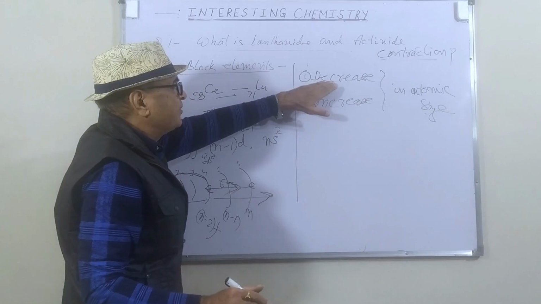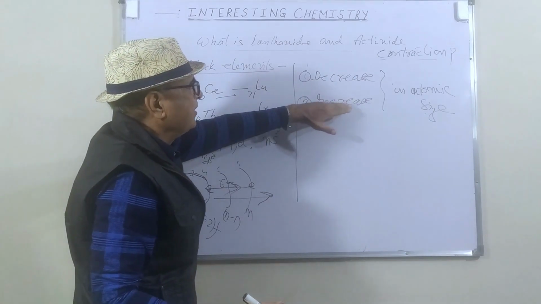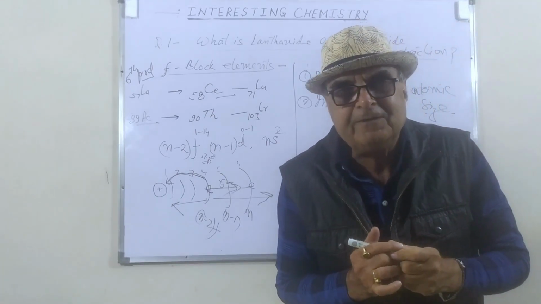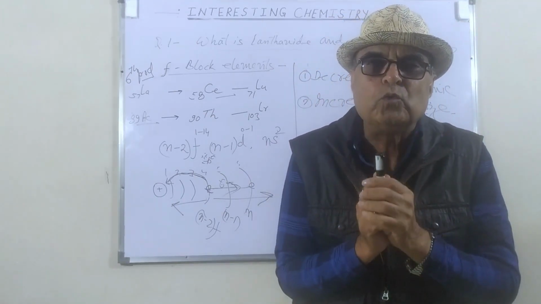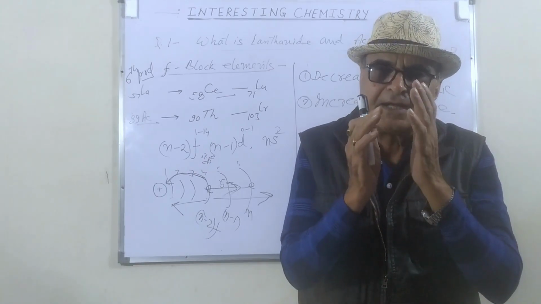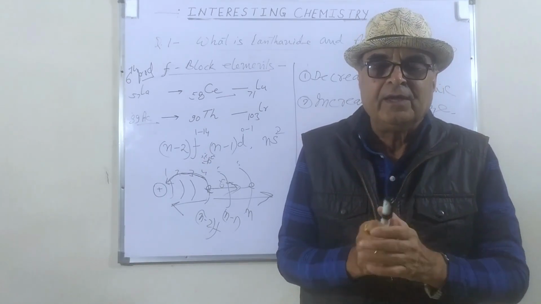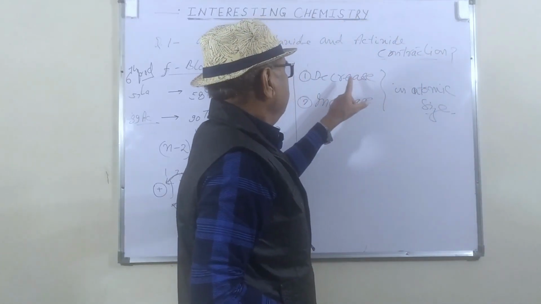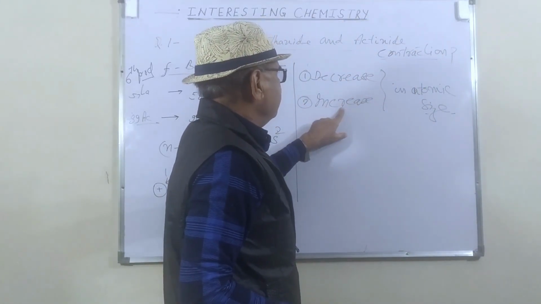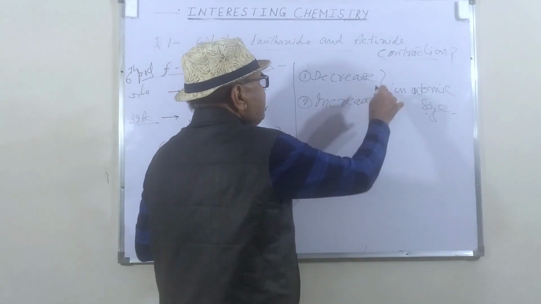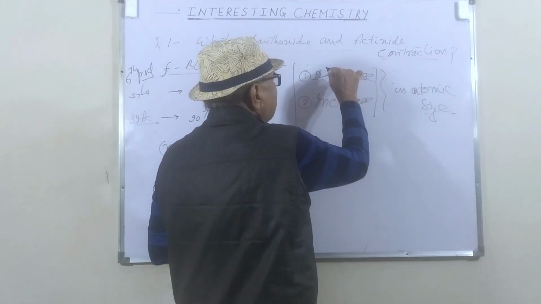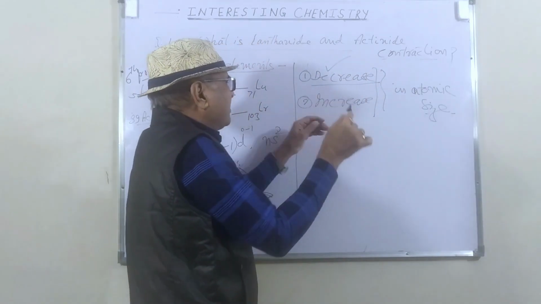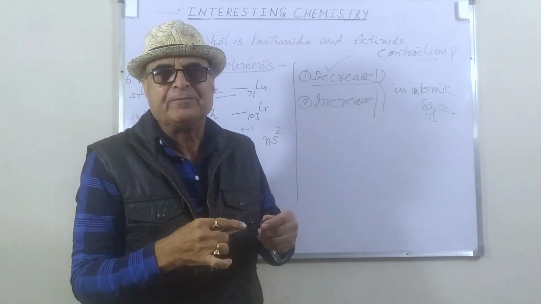So there is a decrease and an increase in the atomic size due to the filling of the (n-2)f electrons. On comparing this decrease and increase, both cancel each other, but there is somewhat more decrease in comparison to the increase.